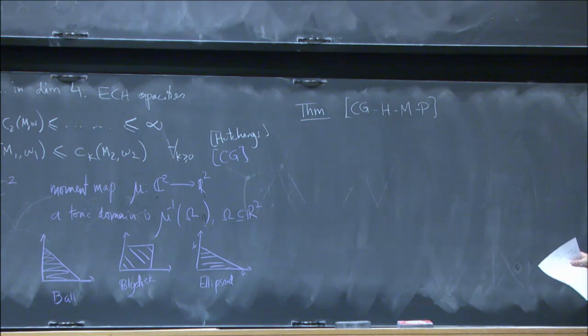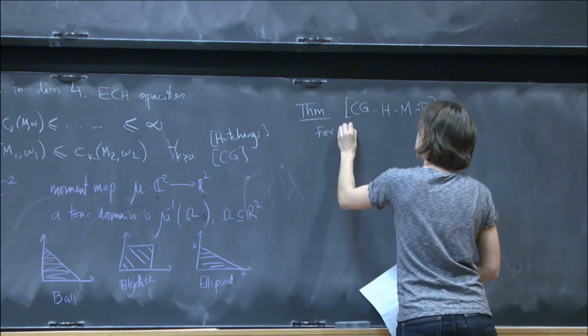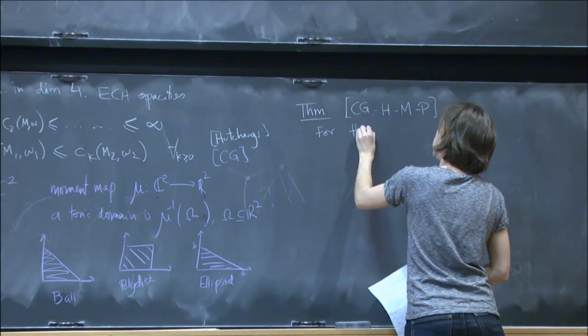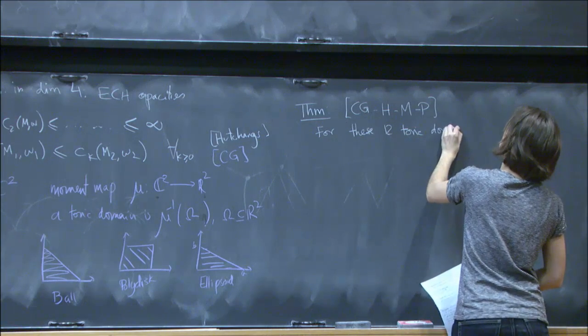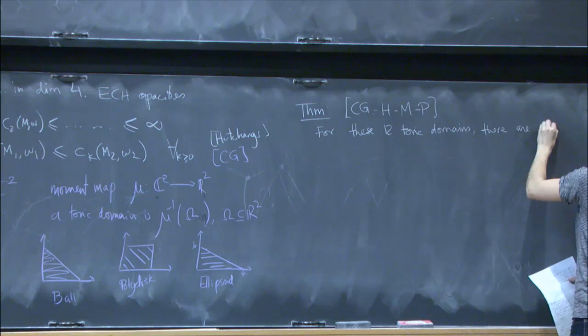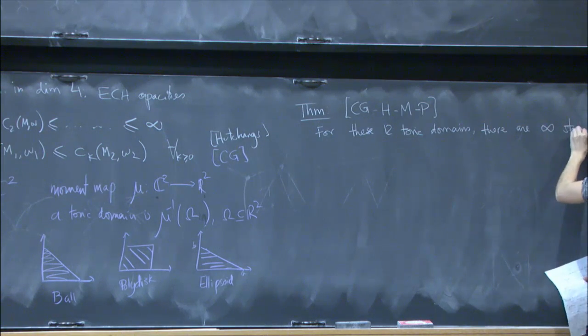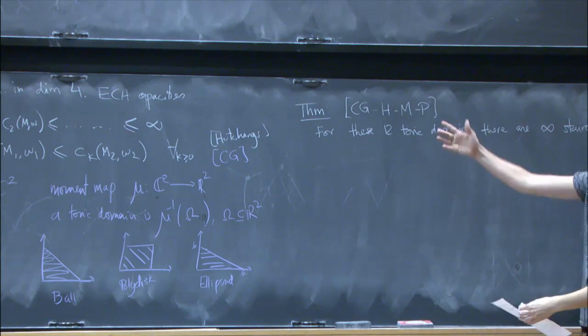So theorem: for these 12 toric domains, there are infinite staircases. Okay, so obviously it's a very stripped down version of what the theorem should say, but you have a lot of context.